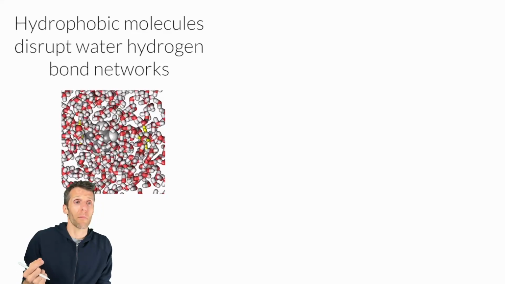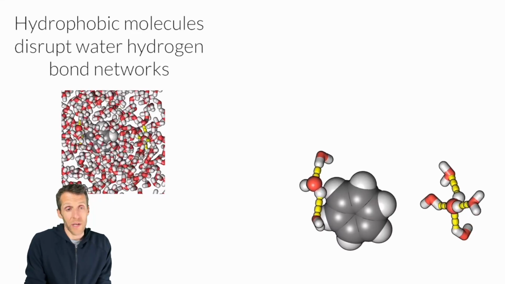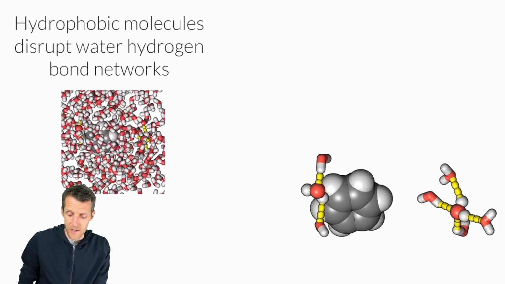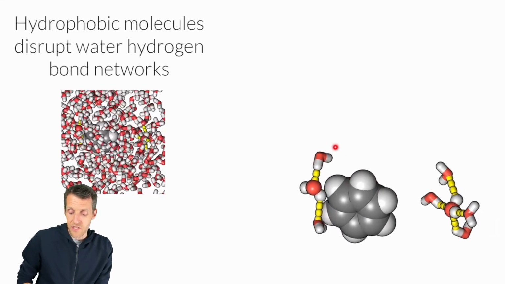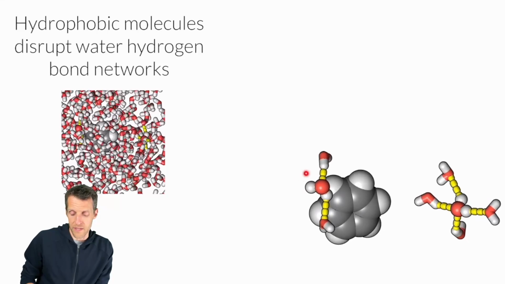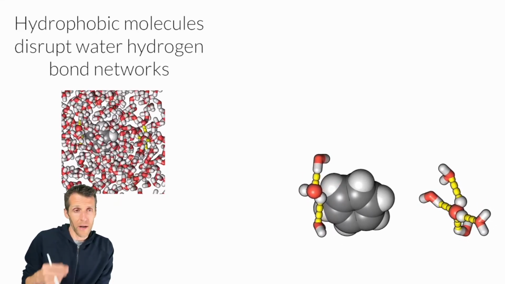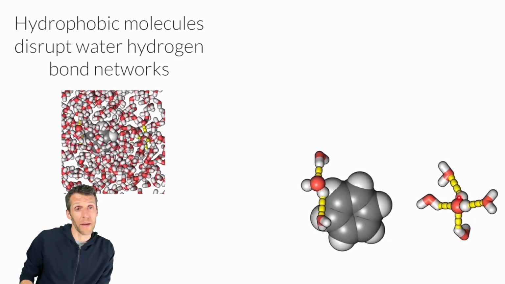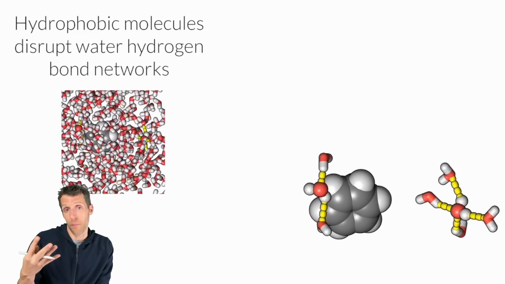And so a hydrophobic molecule like benzene disrupts hydrogen bond networks inside of water. So here I'm showing a simulation with a single benzene sitting in a box of water. And what I'm going to do is remove a bunch of the waters and just highlight some of the hydrogen bonding patterns. And what we can see here is the benzene has its direct neighbor. It's touching this water here, which I've drawn with these small spheres. And you'll notice that water has 2 hydrogen bond partners. Whereas this water that's distant from the benzene is able to form 4 hydrogen bond partners.